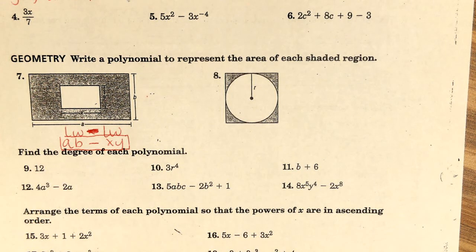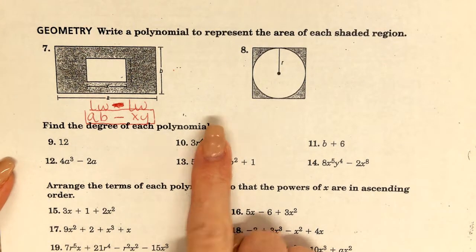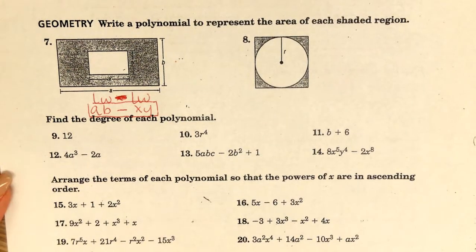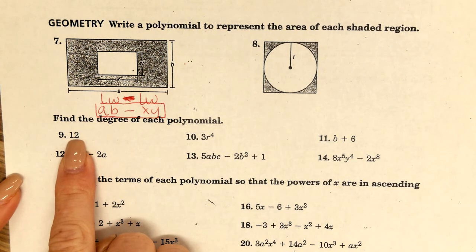All right, number 9 through 14 says find the degree of each polynomial. Remember that you're taking the largest degree of the variable. So look at number 9. Does it even have a variable? So what's the degree? 0. Write it down.